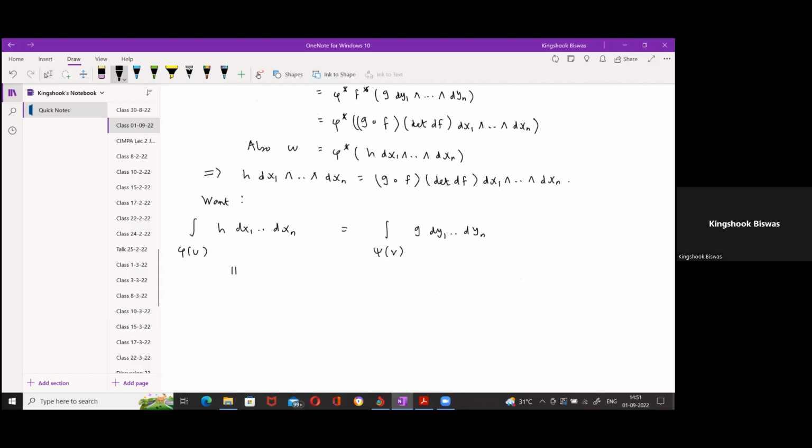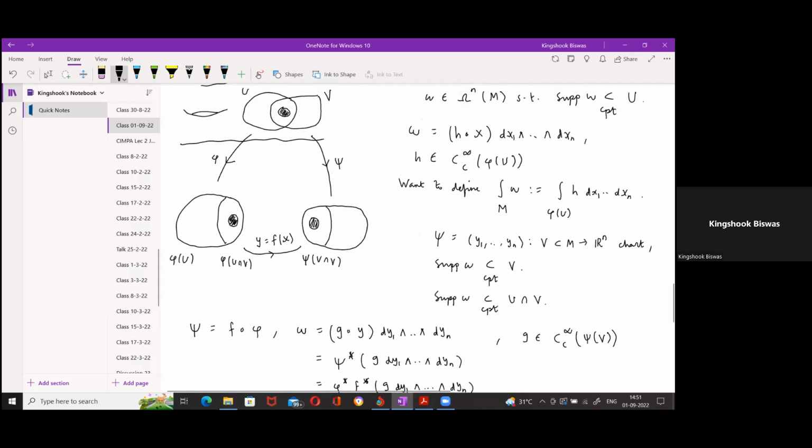So h actually has compact support inside phi of U intersect V, right?